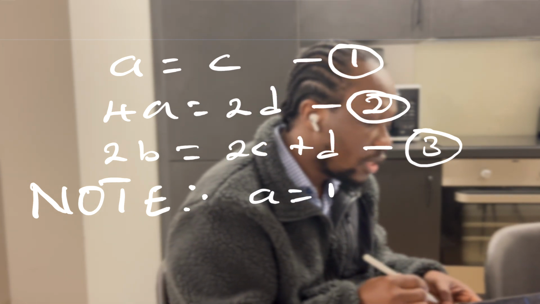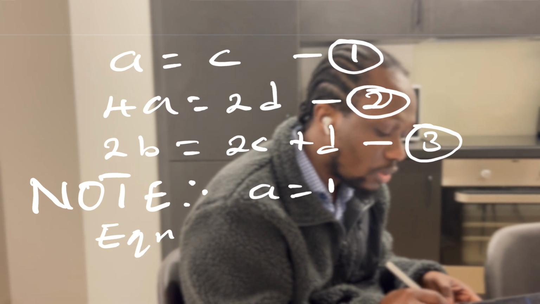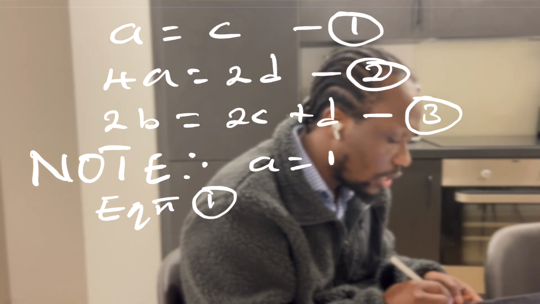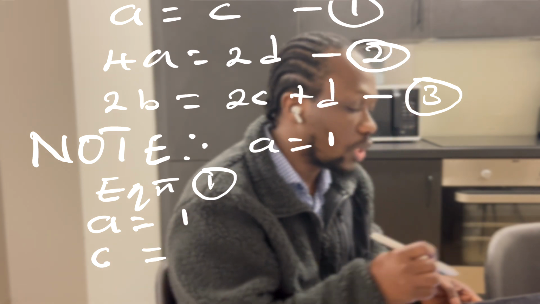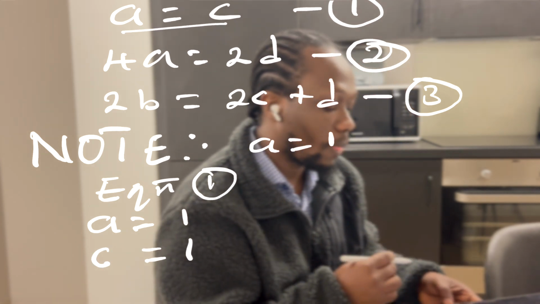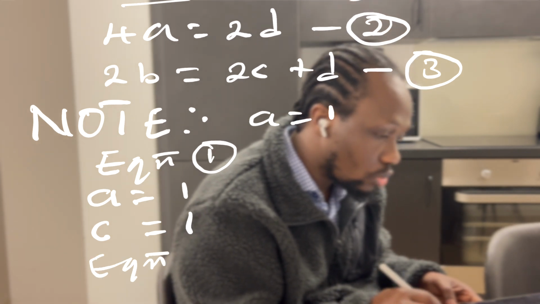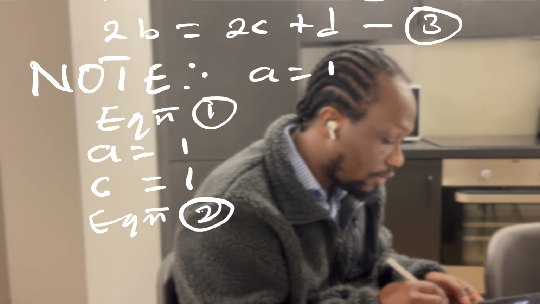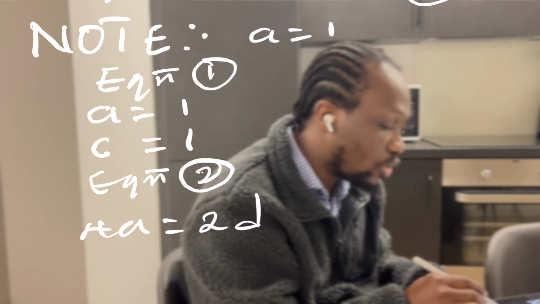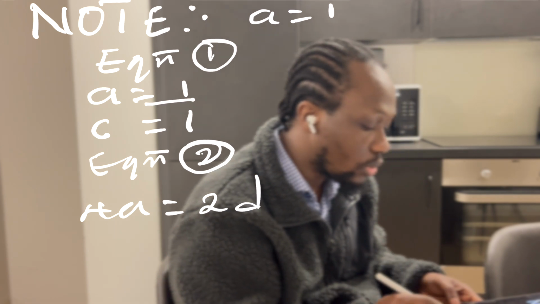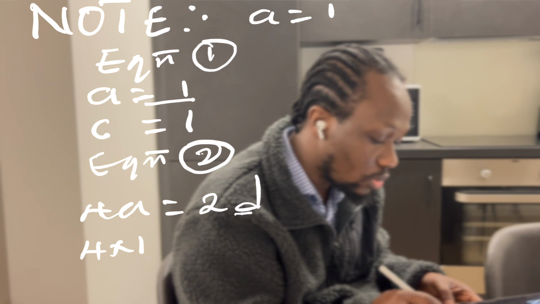So in this case, if A is equal to 1, then from equation 1, we can say that C is also equal to 1, because A is equal to C. Then from equation 2, since we have that 4A is equal to 2D, if I substitute the value of A, which is 1, into equation 2, I can get the value of D. So 4 times 1 is equal to 2D.